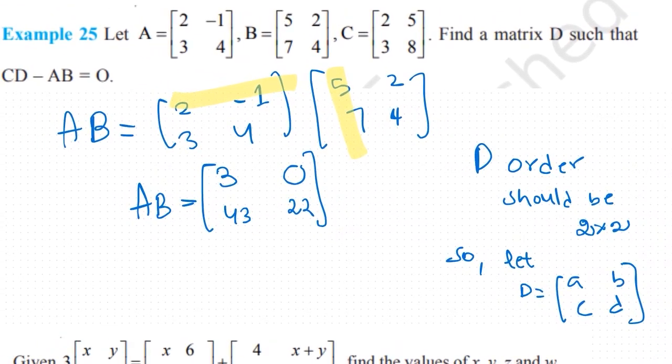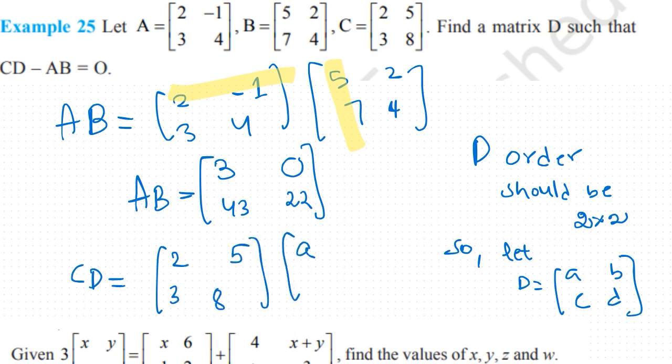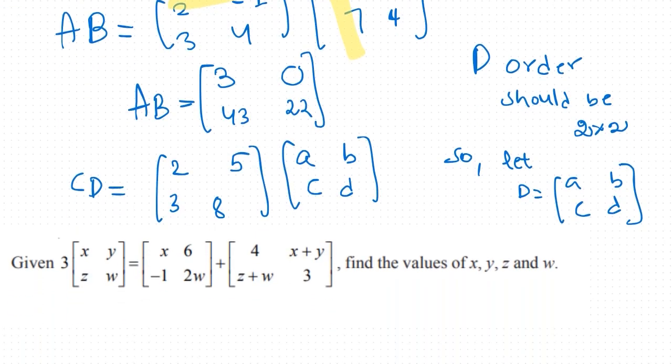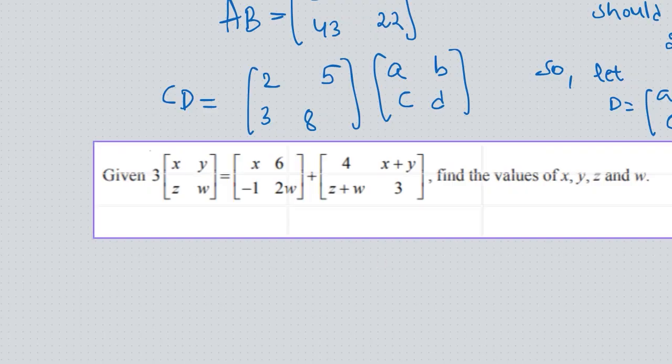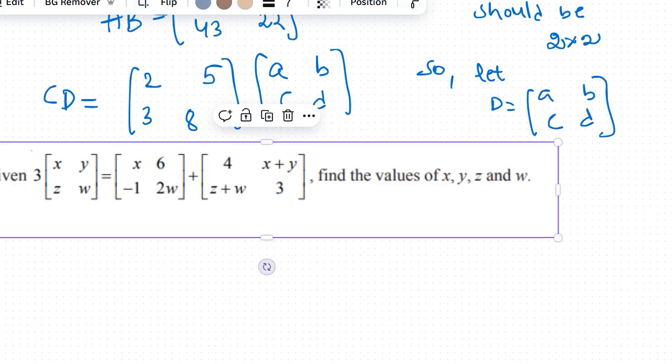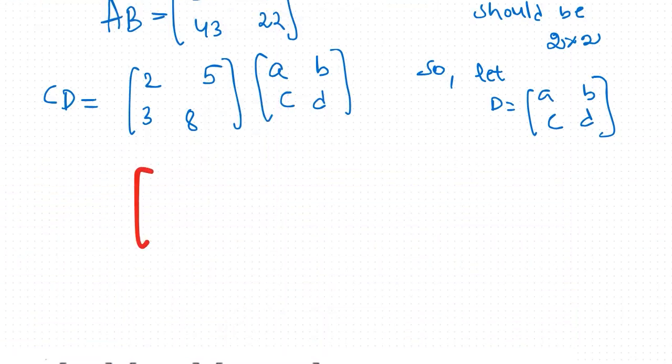Okay. And now C and D. C on the left, D on the right. So it will be 2A plus 5C.